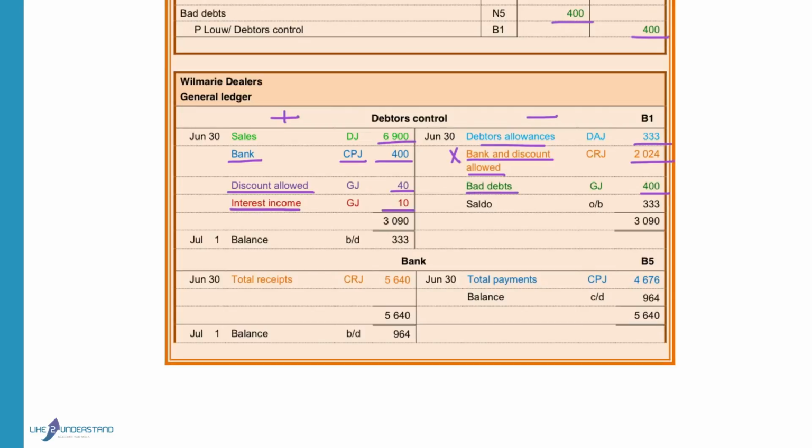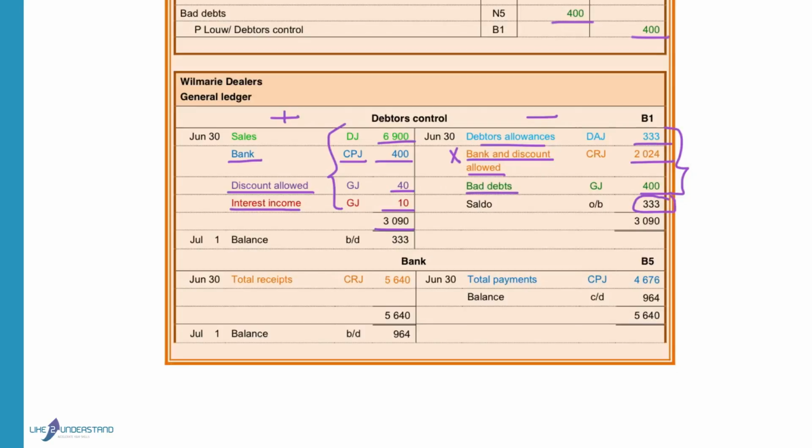Therefore, we will add up all the amounts on the debit side, get a total of 3090. Then we will subtract all the amounts on the credit side from the 3090 to determine what is the difference between the debit and credit side, and that balancing figure is then 333.